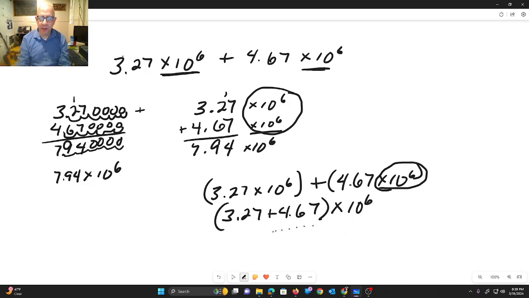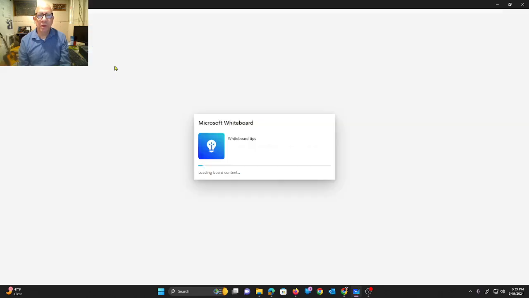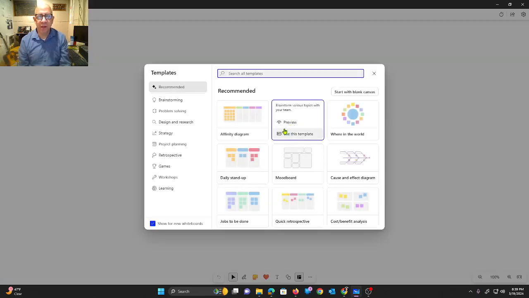And then I add these together and I get my 7.94 times 10 to the power of 6. And that's pretty easy. So when I'm adding or subtracting stuff together, if the scientific notation is the same, then it's really easy to add.